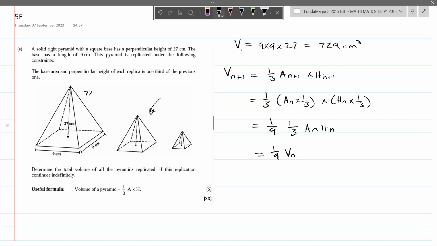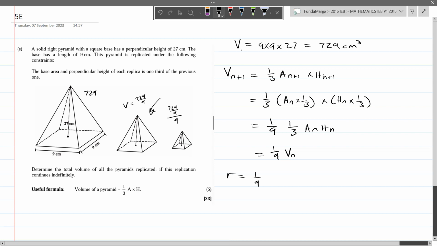So if this was 729, to get this volume, we say 729 divided by 9. To get this one, we take the previous one, which was 729 divided by 9, and then divide it by 9. And then the next one again. So the ratio in this case is 1/9, since we are continuously dividing by 9. So that's our ratio.